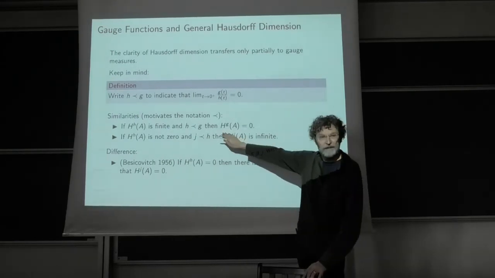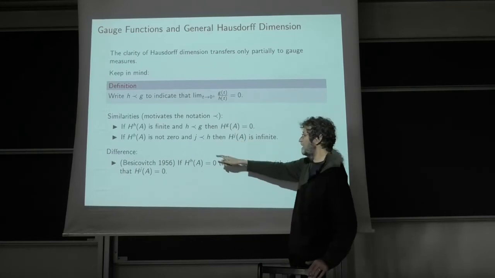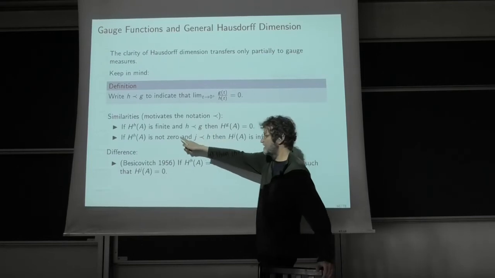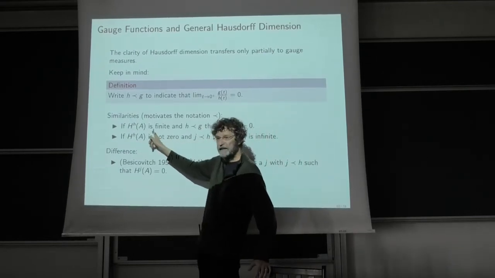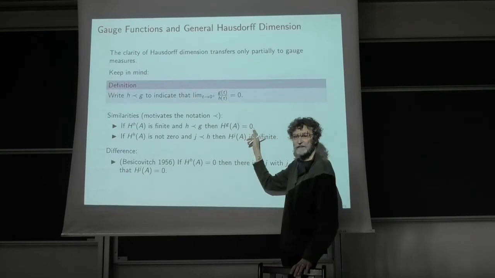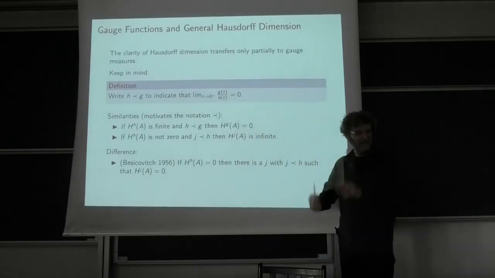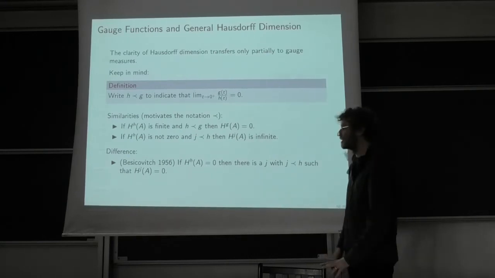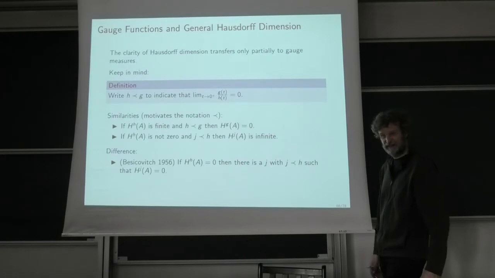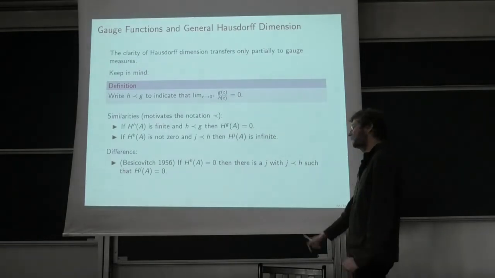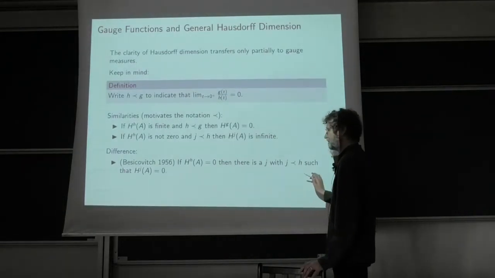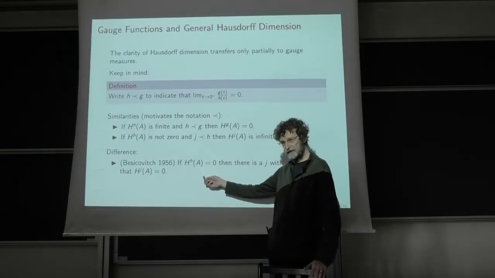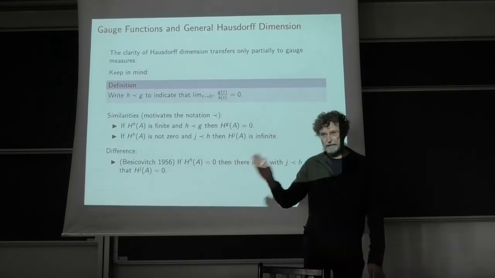So as the gauge dimension is going up, once you see a gauge dimension is finite, after that it's 0. Okay, so this is an analogy to the way that Hausdorff dimension is working when we're taking the dimension to be a real number. Okay, so good. But there is something a little fuzzy around the case where the measure is equal to 0. That can't be the absolute dimension.